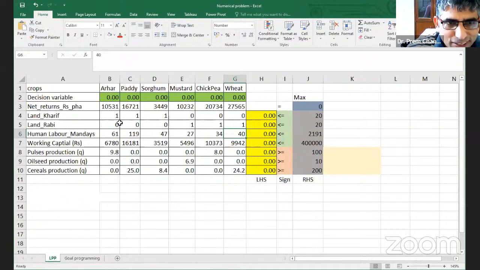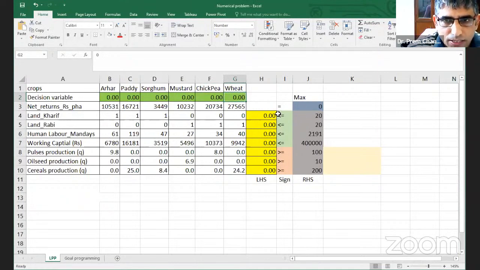The only thing to understand here is the season row. I didn't do anything here, I just put 1 to mean this particular crop can be grown in this season. In row number 3, I have put net return per hectare. The second row is my decision variable, or decision row. Decision row means the area to be allocated under different crops.